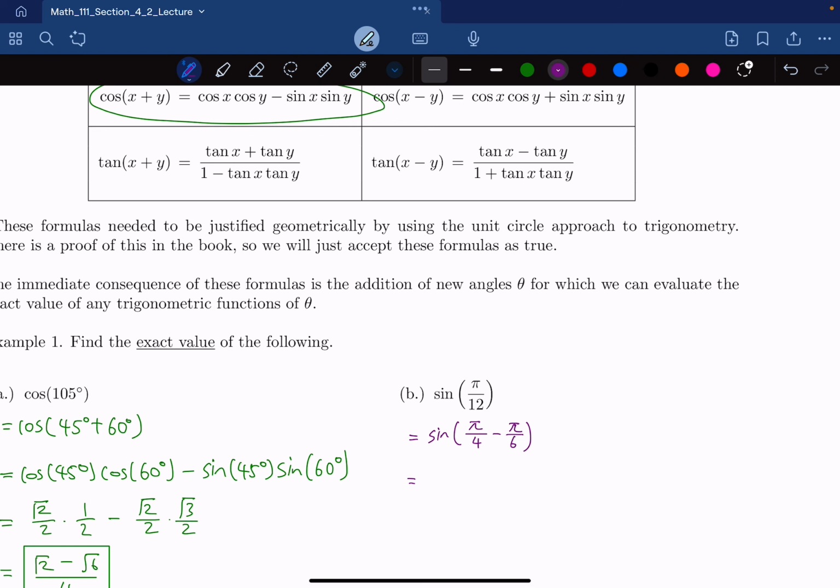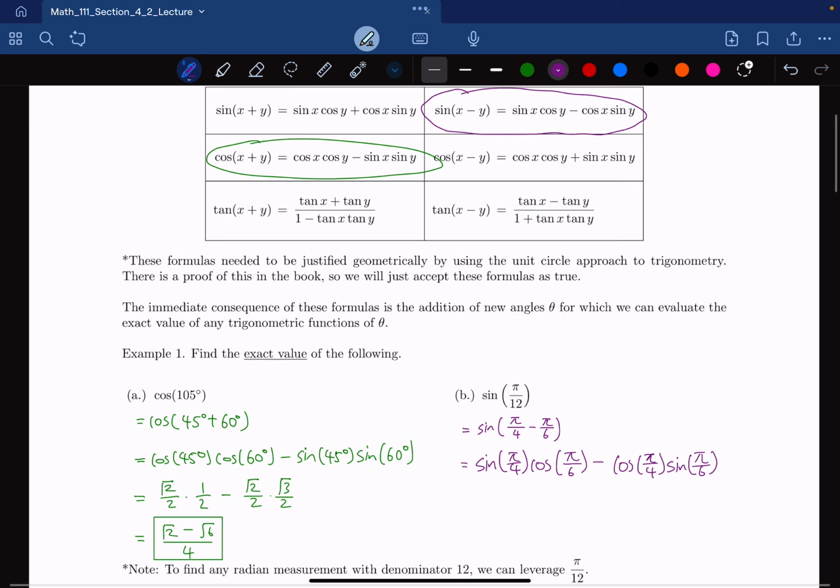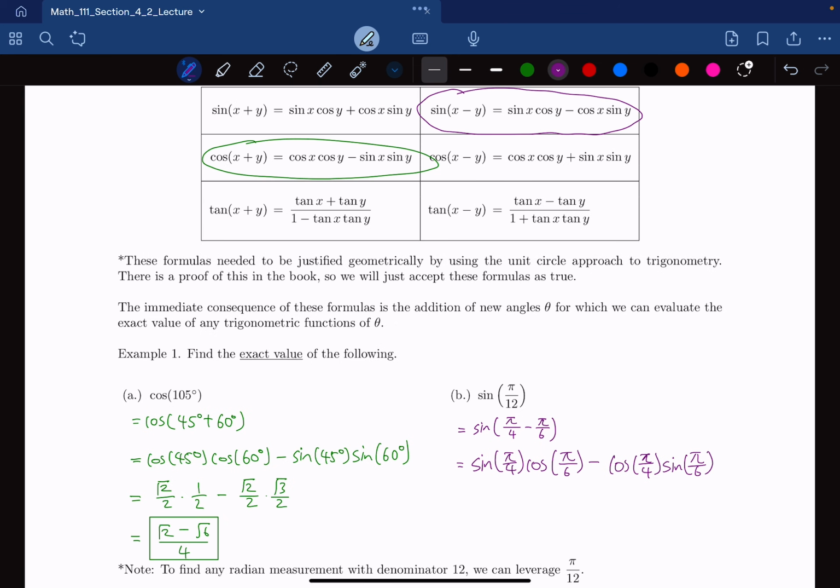So this is equal to sine of pi over 4 cosine of pi over 6 minus, right, for the sine function, the sign on the inside and the outside is the same thing, both minus in this case. And then cosine of pi over 4 sine of pi over 6. Okay, so just double check with the formula.